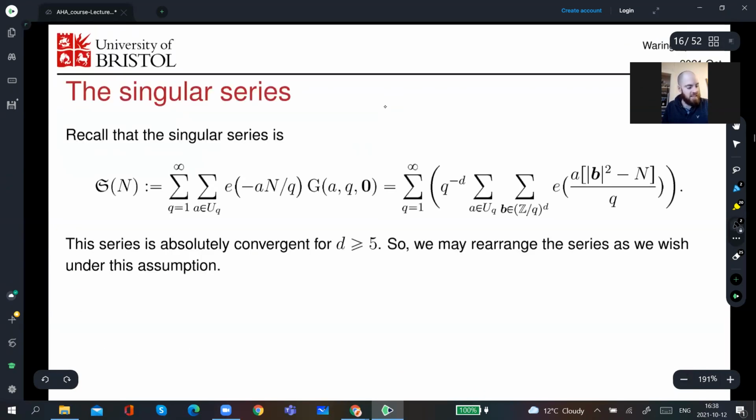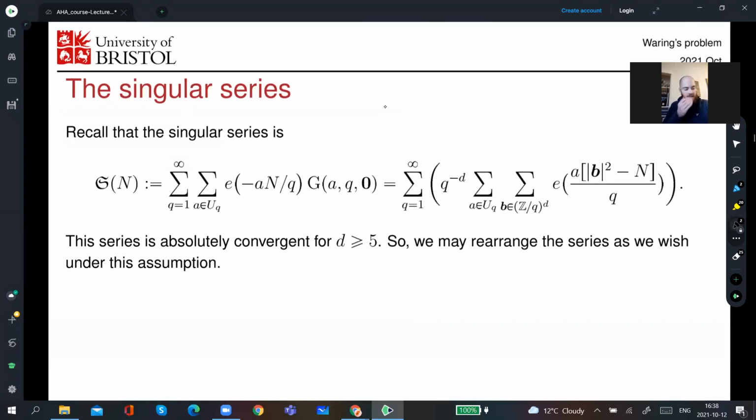So let's move on to the singular series, which we completed last time. And just to recall what that is, it was this sum of Gauss sums. And each of the Gauss sums is at some rational point, A over Q, which I just parameterize as the pair AQ. I also had a linear factor that came into their definition when we did the Poisson summation.